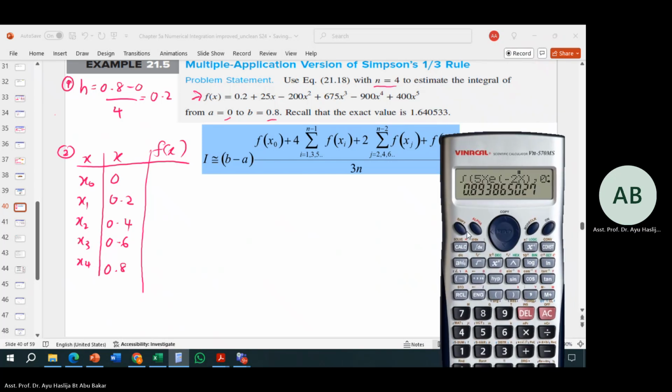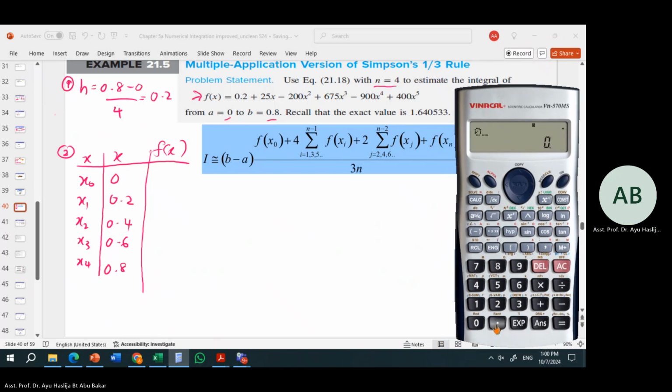Okay, let's try. Set the equation. Okay, once you set your equation, press calculate.